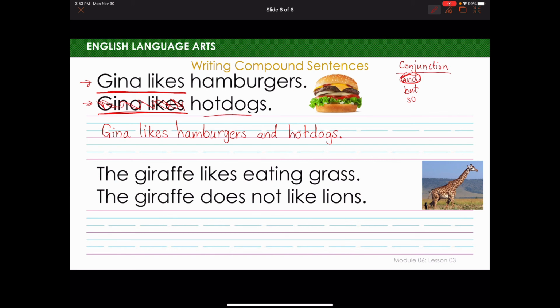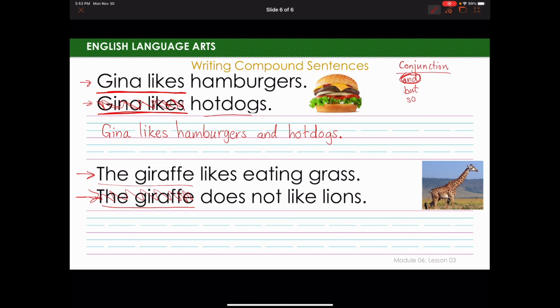Okay, let's try another compound sentence. The giraffe likes eating grass. The giraffe does not like lions. Well, I notice that I repeat the word giraffe two times. So I want to take that part out in the second sentence. But notice how I'm saying two different things here.